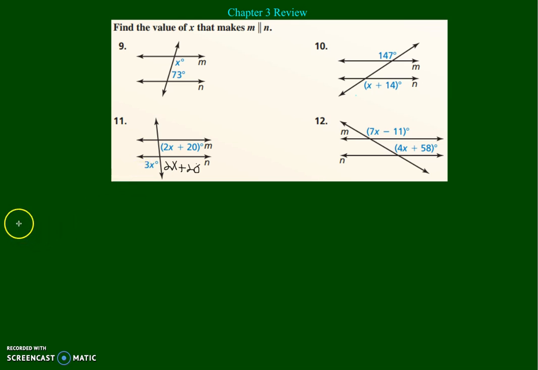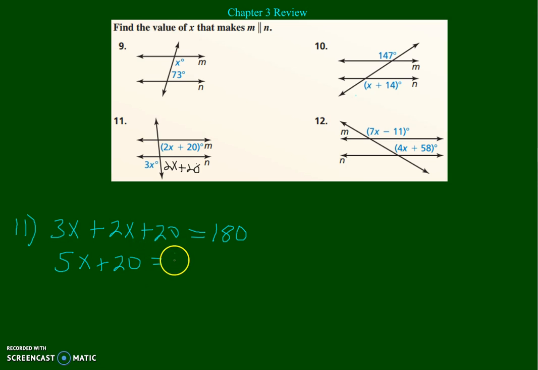And so for problem 11, we're going to have 3x plus 2x plus 20 equals 180. Let's go ahead and combine our x terms. So 5x plus 20 equals 180.